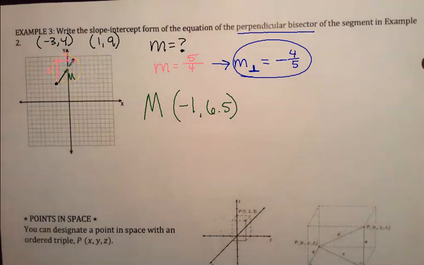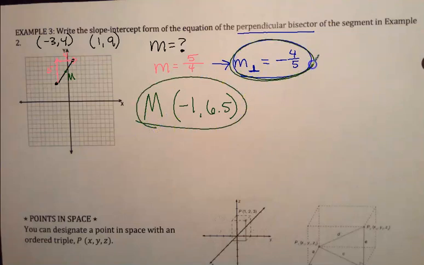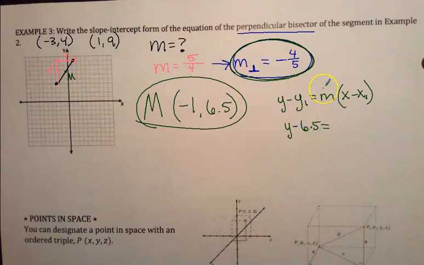So here's the thing. We need to take our midpoint and our slope of our perpendicular line, and we need to put them in that point slope form. Again, we're training your brain today. That point slope form, if you recall, is y minus y1 equals m times the quantity x minus x1. So y minus, our y value is 6.5, equals our slope, negative 4/5, times our x minus our x1 value, which is -1.